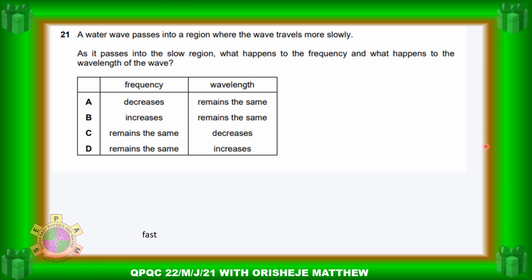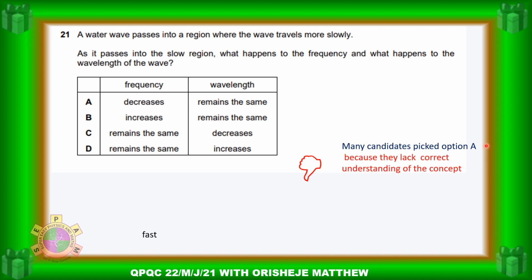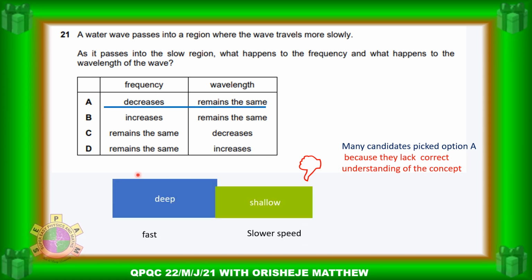Many students pick A, frequency decreases and wavelength remains the same, because they lack the correct understanding of the behavior of velocity, wavelength, and frequency when a wave moves from one region to another. So let me do a slight explanation. Let's assume the water wave is moving from a deep region to a shallow region.